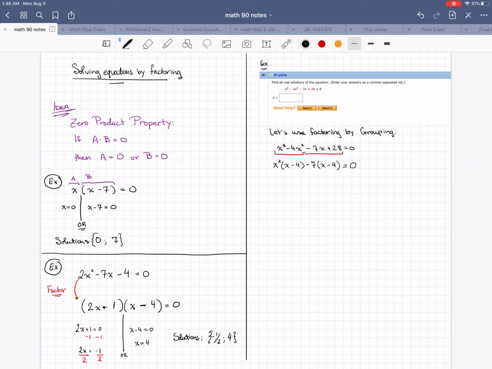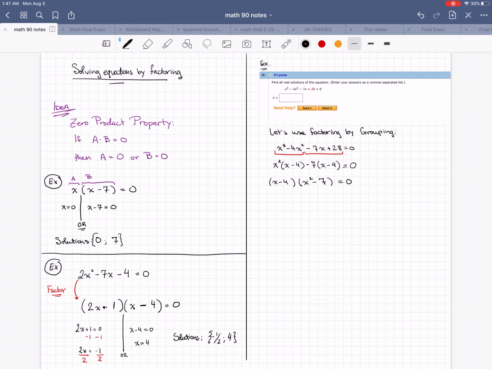Okay, so from here, I'll just point out this is a successful grouping. Remember, we got all celebratory about it in our video on factoring by grouping because both of the groups end up having x minus 4 as a factor. So we're going to factor out x minus 4, which leaves us x squared from the first group minus 7 from the second group.